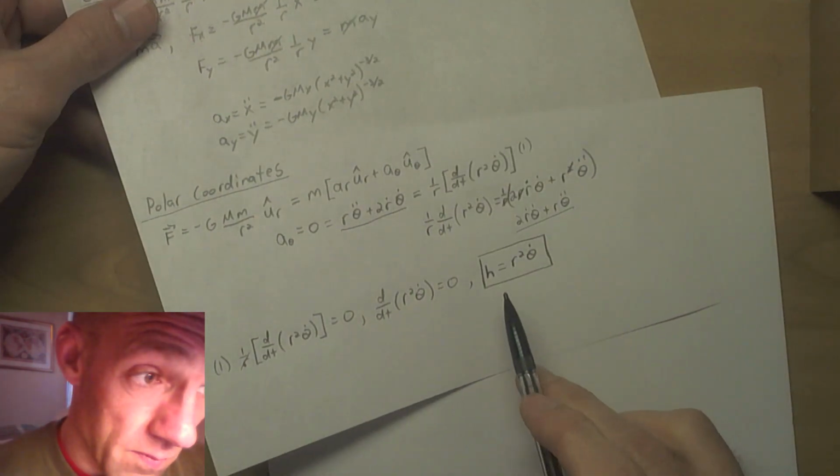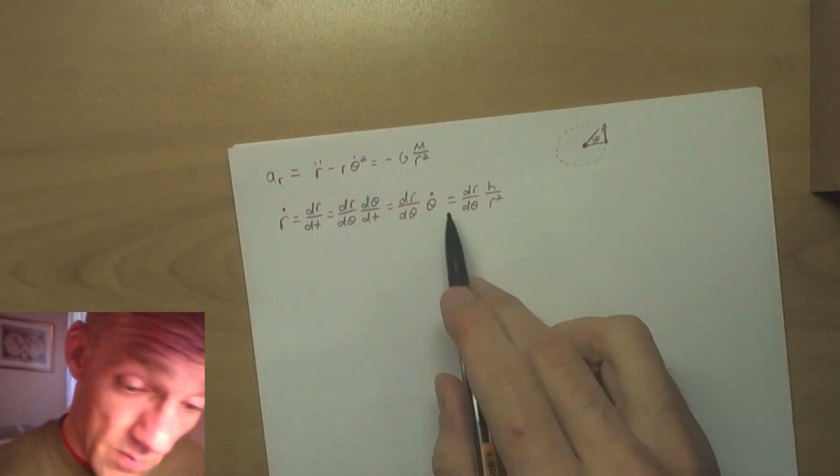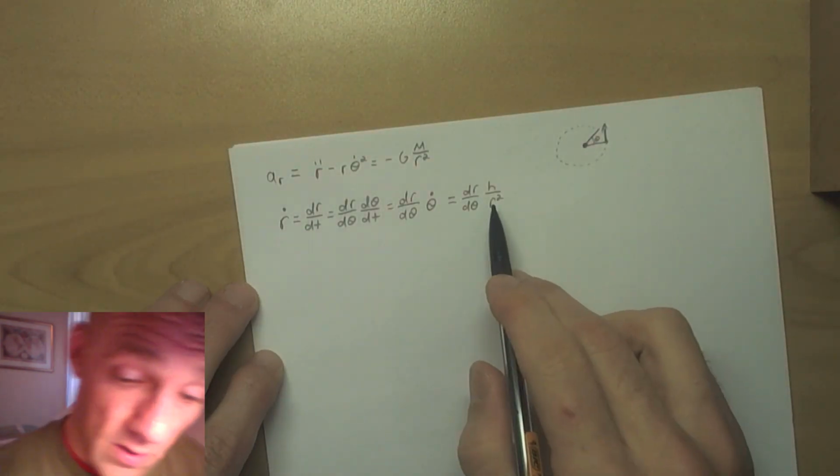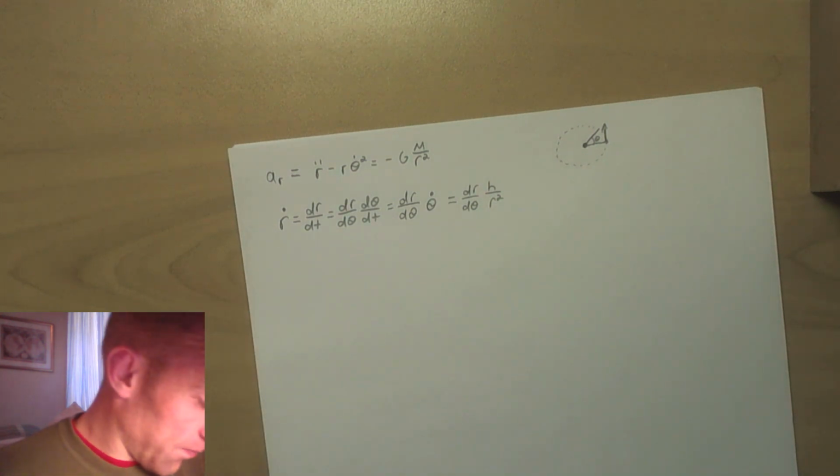So theta dot is h divided by r squared. So I just substitute h over r squared for theta dot.